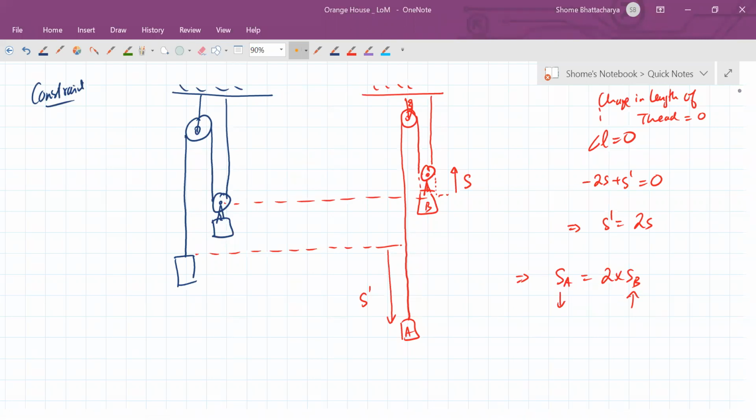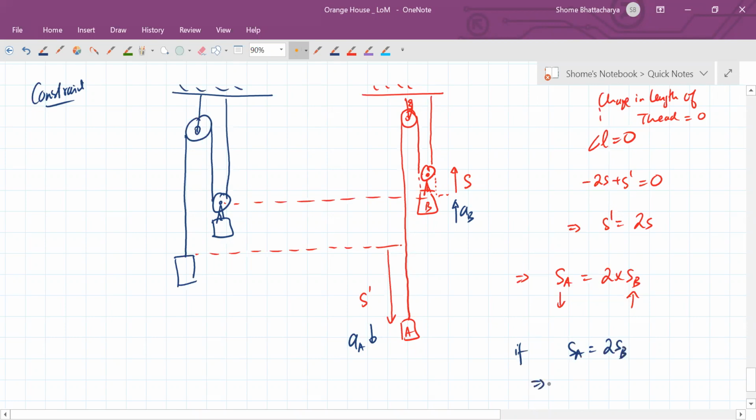Okay. Now see what is happening. B का जो upward acceleration है और E का जो downward acceleration है. Okay. So if SA is equal to 2 times SB, that means differentiation of SA with respect to time will be 2 times differentiation of SB with respect to time.